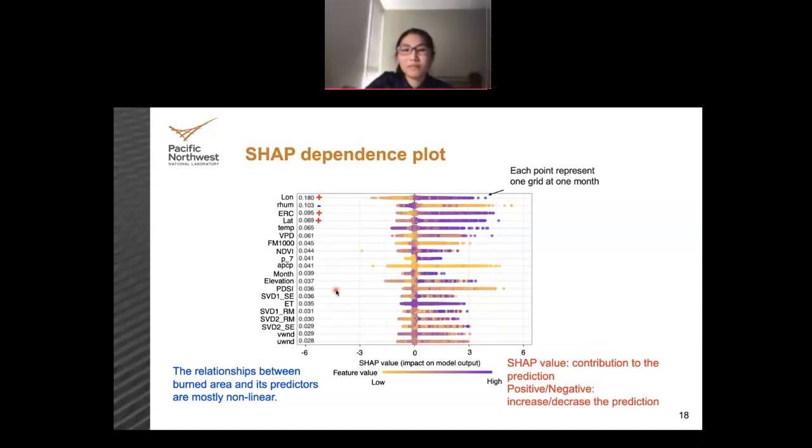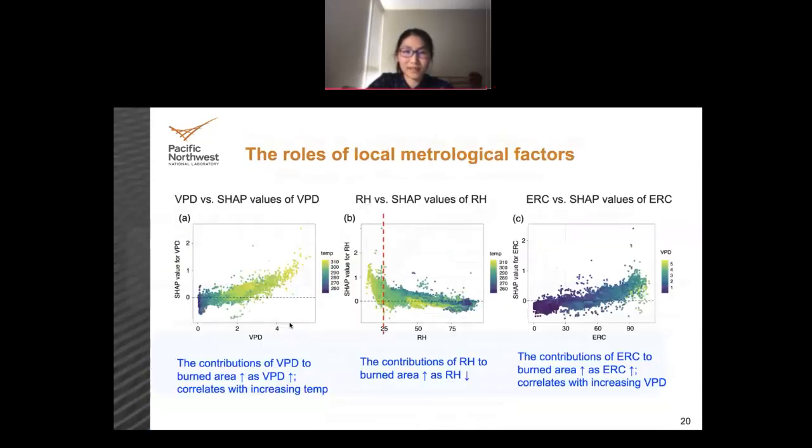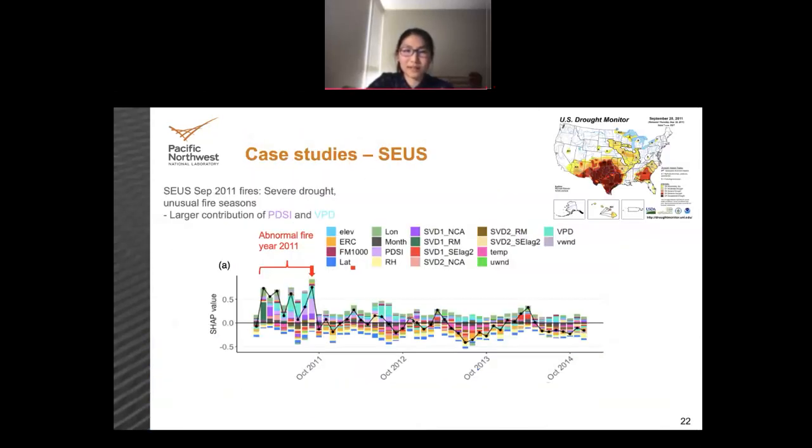I think so far the relationship explained by the SHAP is within my expectation, but I'm happy that the SVD predictors do show up in some important events. So I really like the example here.